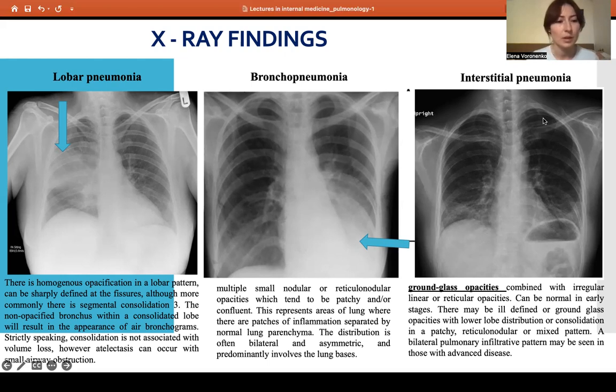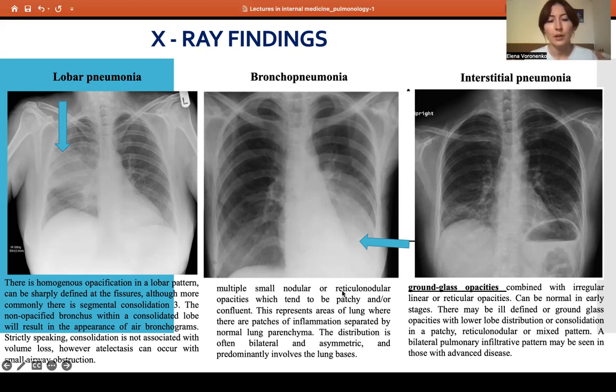The non-opacified bronchus within a consolidated lobe will result in the appearance of air bronchograms. Strictly speaking, consolidation is not associated with volume loss. However, atelectasis can occur with small airway obstruction.